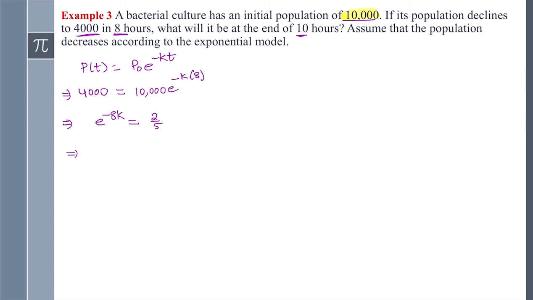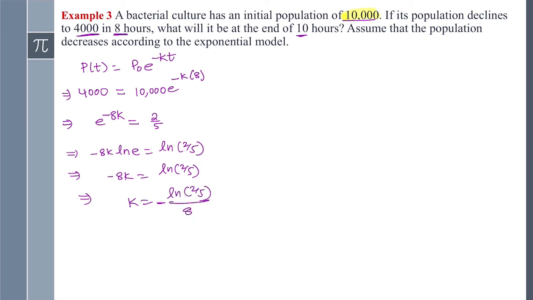We get negative 8k times natural log of e equals natural log of 2/5. And natural log of e is 1, so this is just negative 8k equals natural log of 2/5. Then divide by negative 8, we get k equals natural log of 2/5 over negative 8, so we can put the negative right here. Okay, so that's the k.